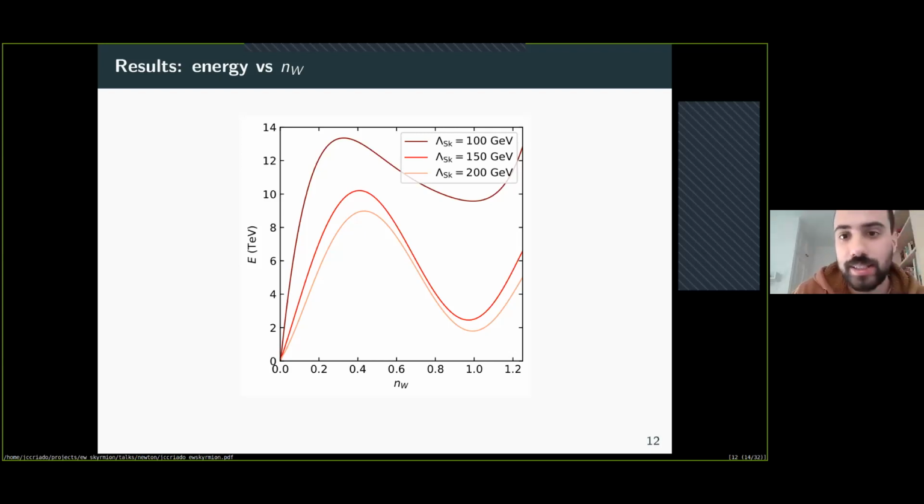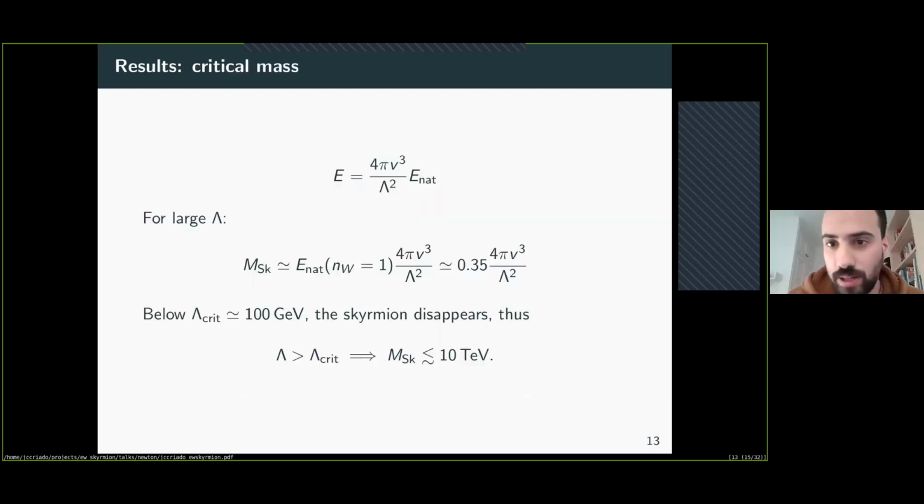You can also see that as lambda is made smaller, the height of the barrier and the height of the skyrmion become closer, and at some point below 100 GeV, the minimum completely disappears. So there's no skyrmion anymore. By the way, the height of the potential at winding number equals 1 is the mass of the skyrmion. So we studied how the mass of the skyrmion depends on lambda.